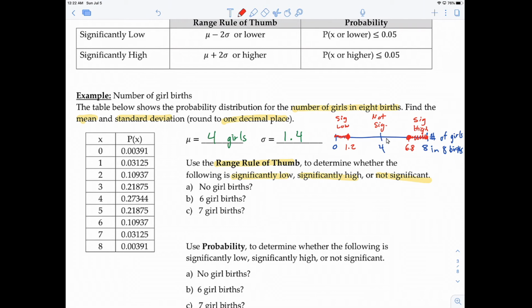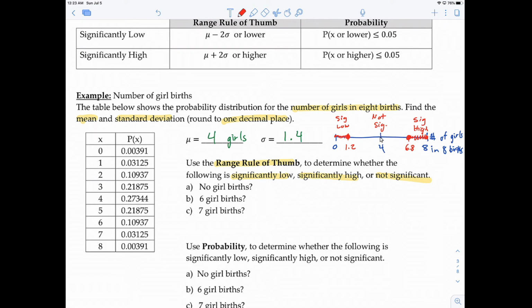The farther we get from 4, the more it starts to be significant. If somebody had 8 girls out of 8 births, you would be surprised. So we would say it's significantly high. According to the range rule of thumb, 6.8 girls or above is significantly high.